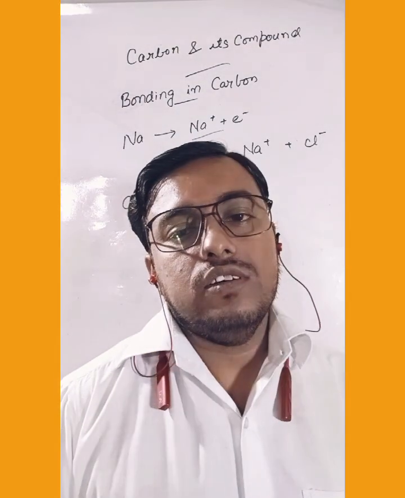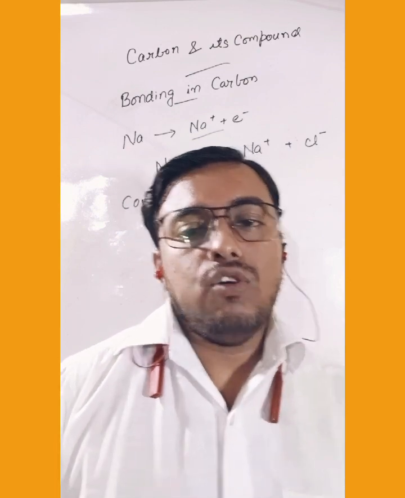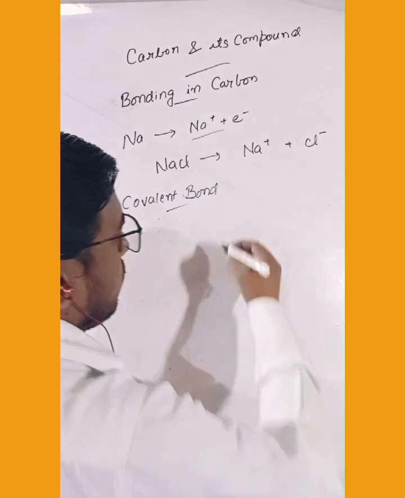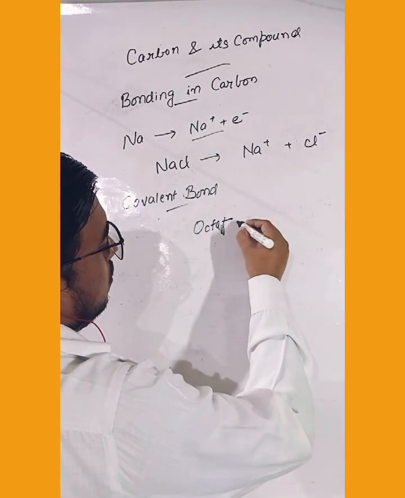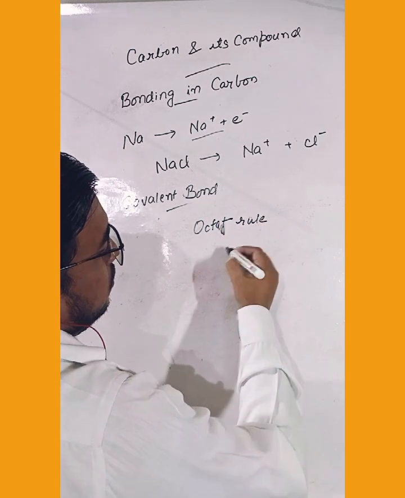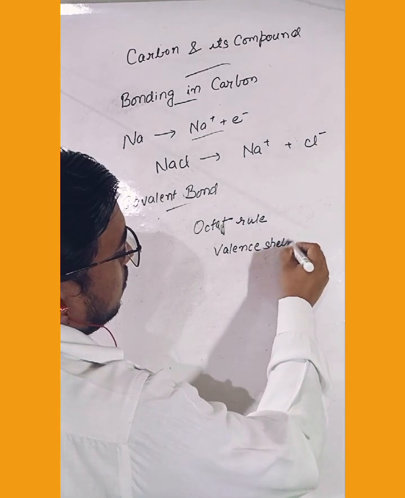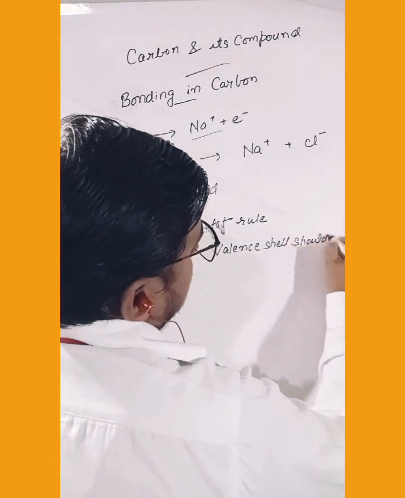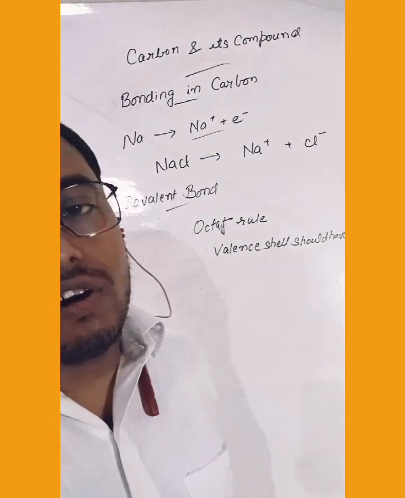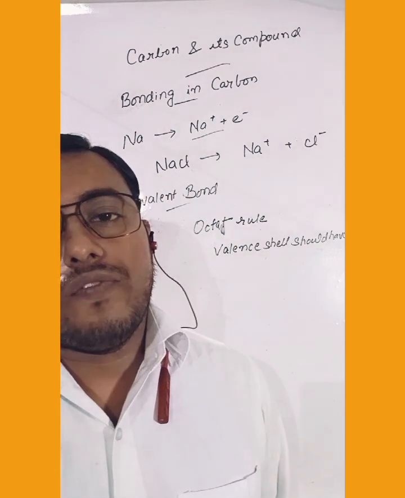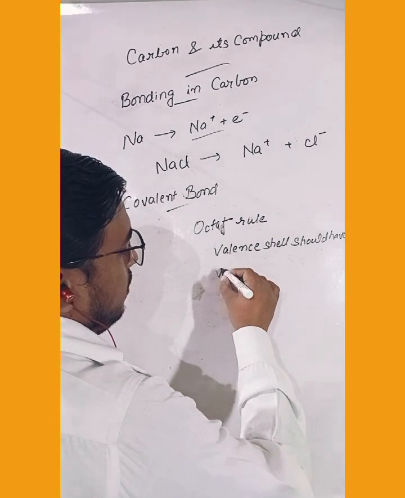Atoms which combine to form a compound usually follow the octet rule, in which the valence shell should have 8 electrons. To complete an octet, they should have 8 electrons. Also, there are exceptions.